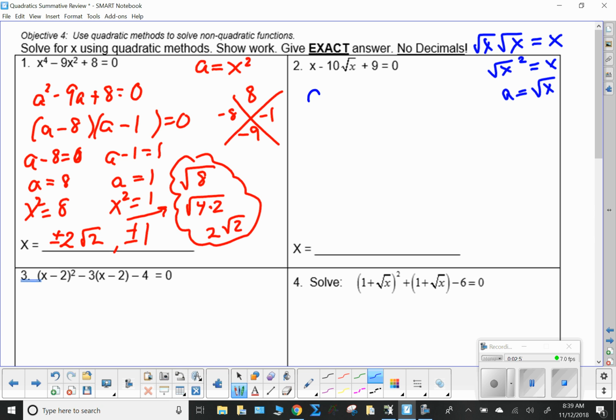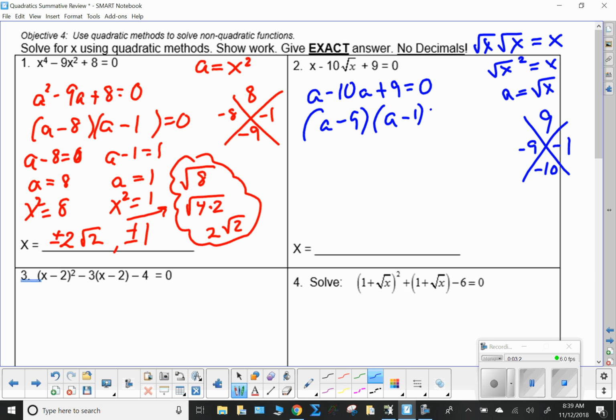Now I have a squared minus 10a plus 9 is equal to 0. Factors of 9 that add up to negative 10 are negative 9 and negative 1. A minus 9 times a minus 1 is equal to 0. A is equal to 9. A is equal to 1.